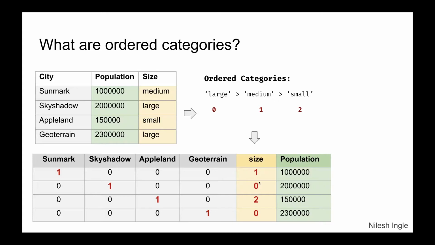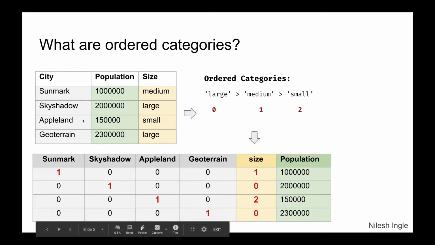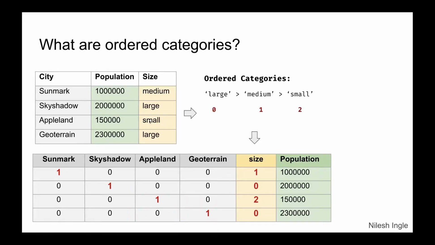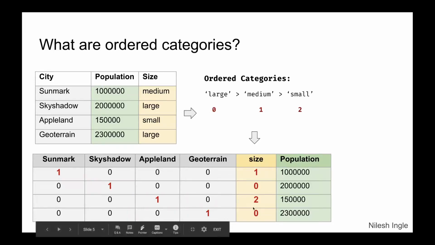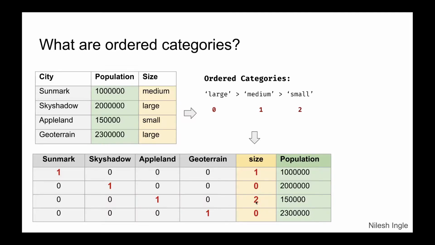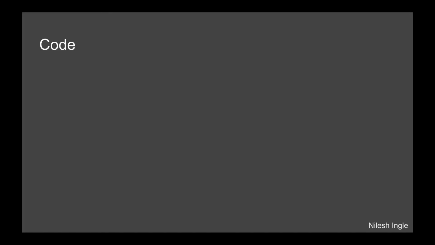So instead of zeros and ones, here we can put a value of 1. And then for large, we can put a value of 0 because it's the first one as we have denoted here. And then for small, we can put a value of 2. So here we have specified an order to the categories. So that's why they are called ordered categories. And we'll look at the implementation of all of these in Jupyter Notebook.